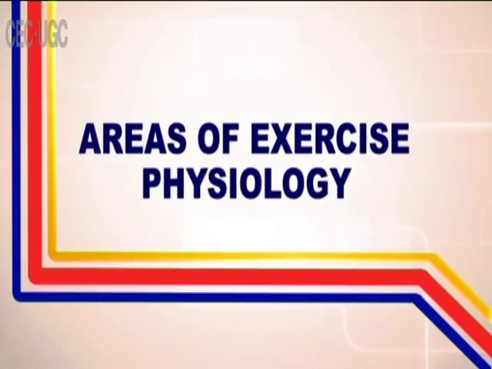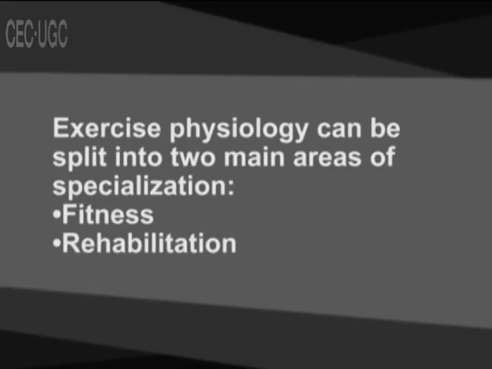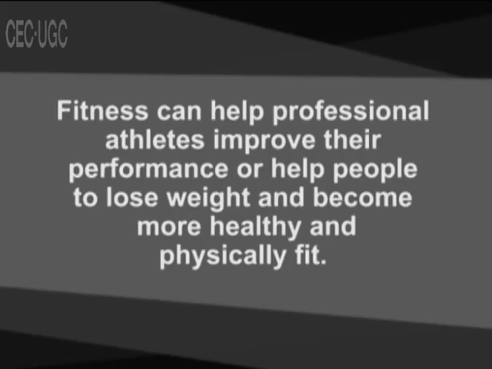Areas of exercise physiology. Exercise physiology can be split into two main areas of specialization. First is fitness, second is rehabilitation. Fitness can help professional athletes improve their performance or help people to lose weight and become more healthy and physically fit.